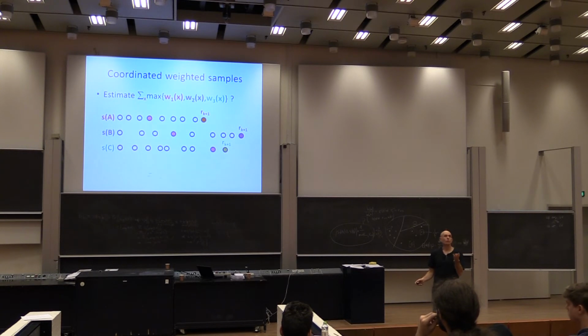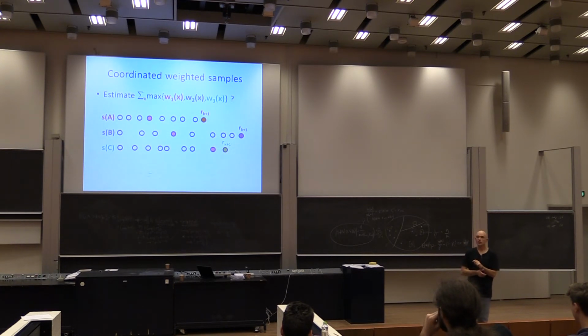So one way to get an estimator is to just intersect the three sketches, and for each item that appears in the intersection of the three sketches, give an adjusted weight, which is the maximum weight divided by the probability that you appear in the three sketches.